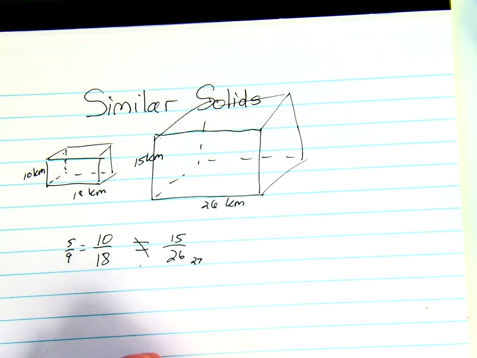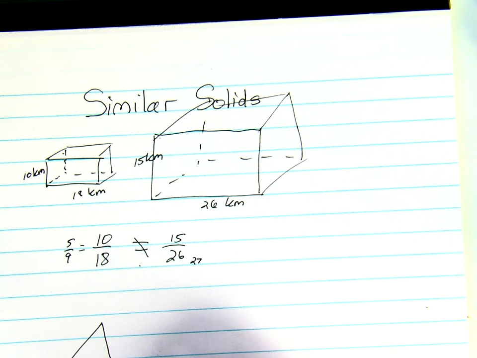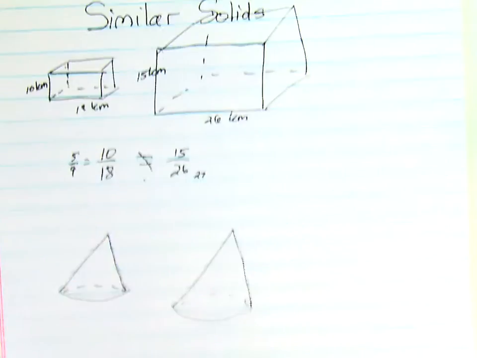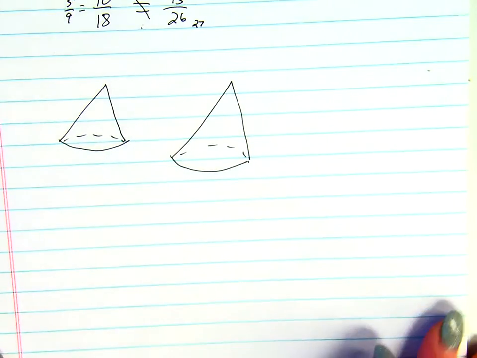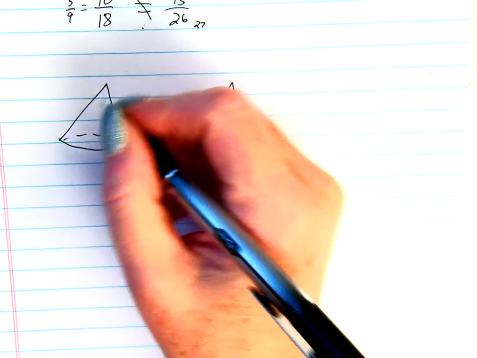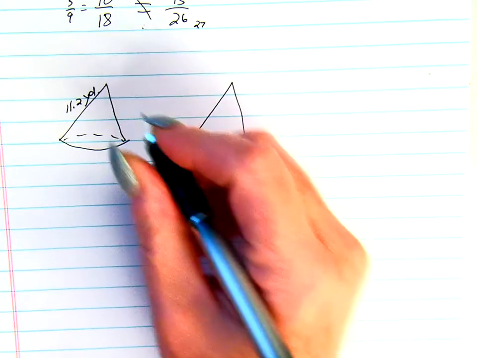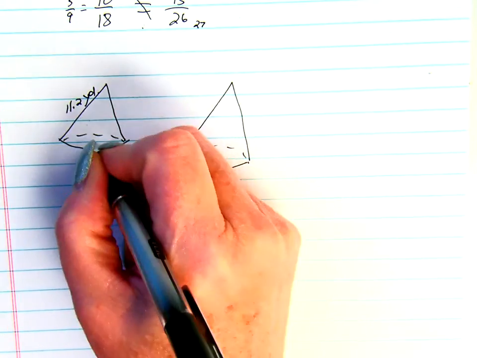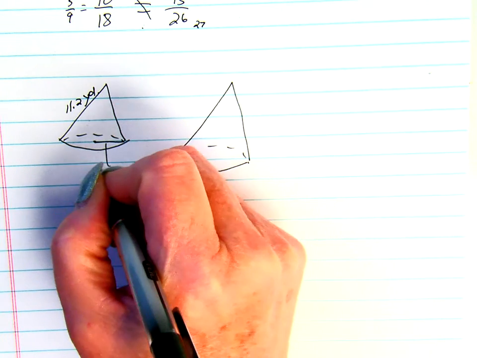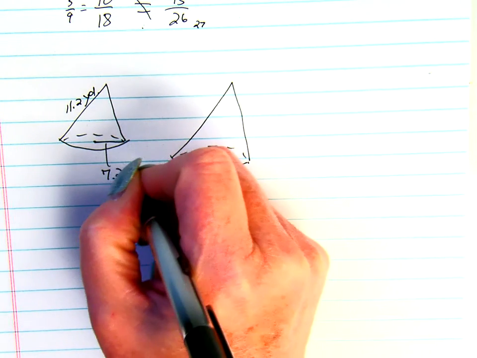Now our second one that we have is a cone. Okay, so we've got a smaller cone and then we've got a bigger cone. There we go. And we've got 11.2 yards on my slant and 7.2 on my radius.